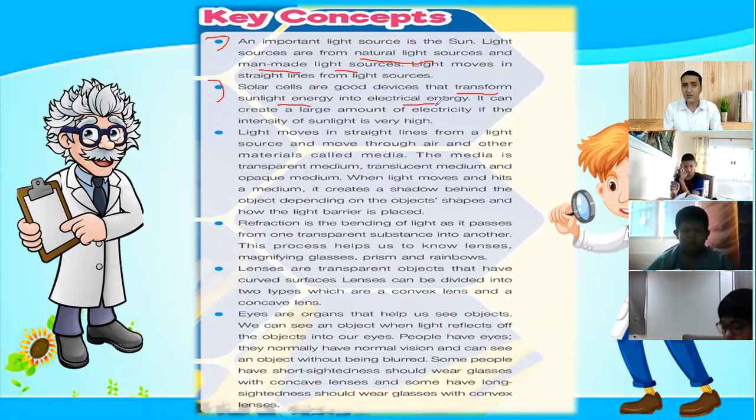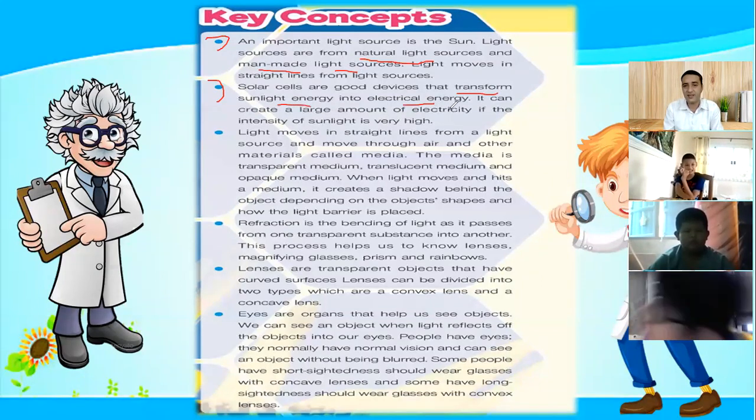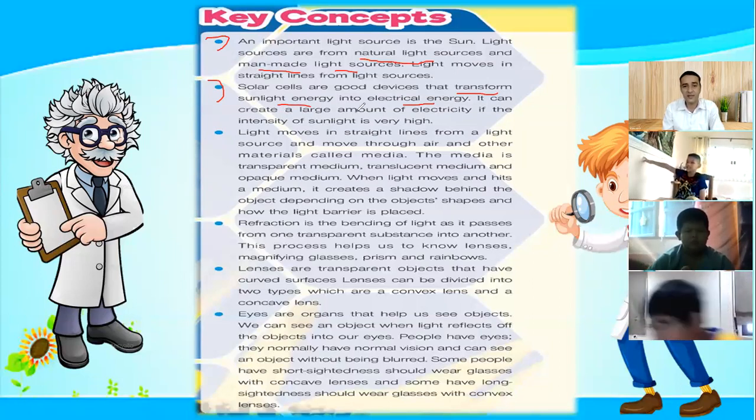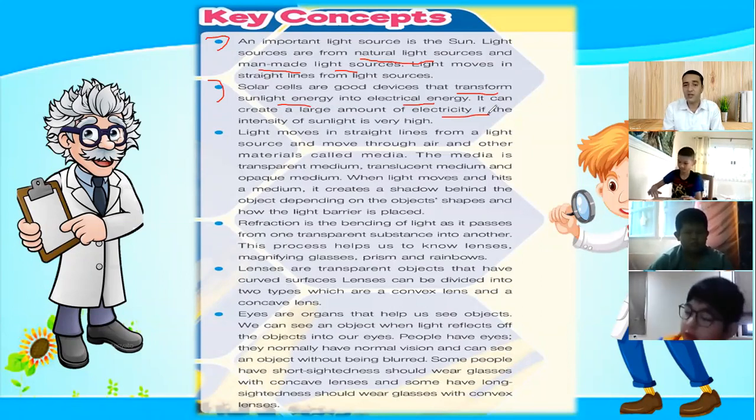They collect energy from the sun and transform it into electricity. They can create a large amount of electricity if the intensity of sunlight is very high.